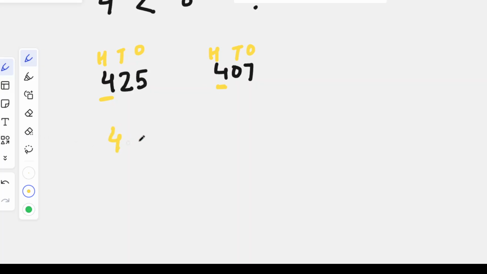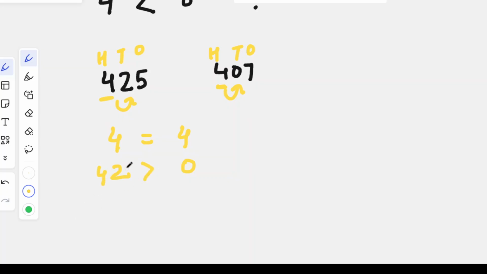But here we have 4 in both the numbers, 4 is at hundreds place value. So we cannot compare the numbers based on this digit. So we need to compare the next digit. So in this number 425, we have 2 at tens place, and in 407 we have 0 at tens place. So we know that 2 is greater than 0.